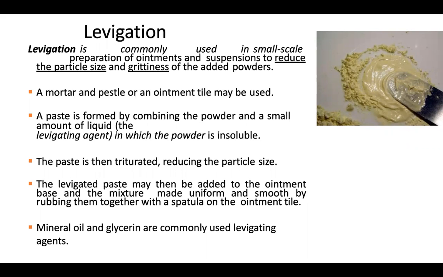The levigated paste may then be added to the ointment base and the mixture made uniform and smooth by rubbing them together with the spatula on the ointment tile. Mineral oil and glycerin are commonly used levigating agents. So if you ask what the levigating agents are, mineral oil and glycerin are commonly used for levigation.